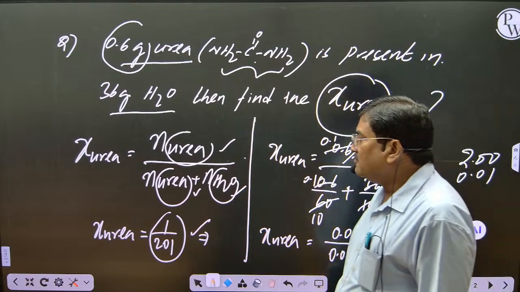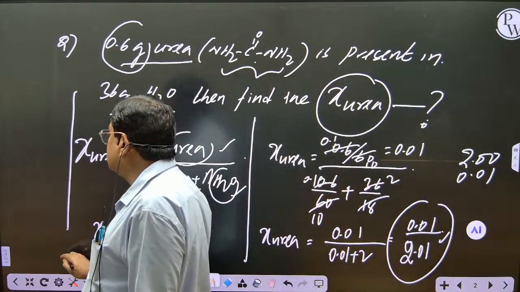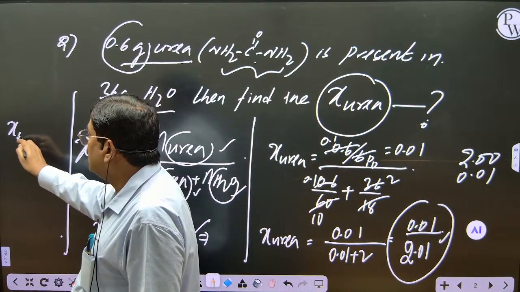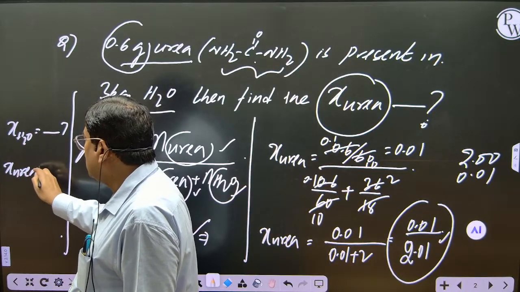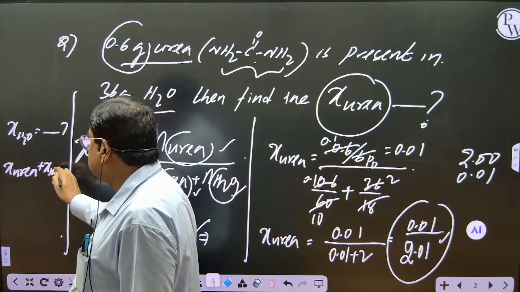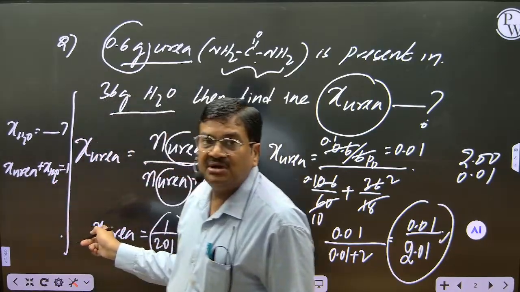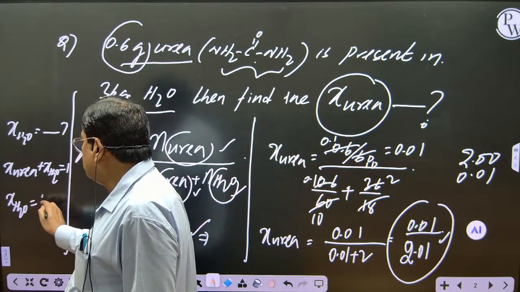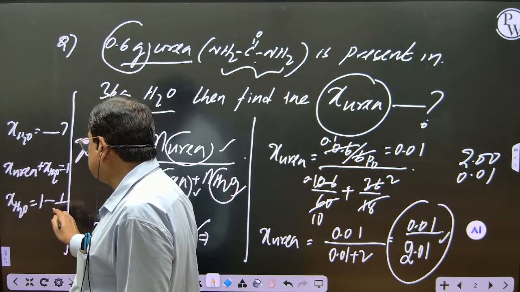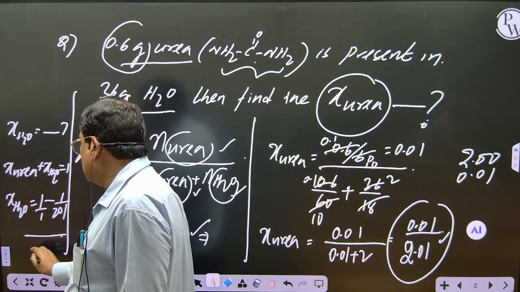Suppose the mole fraction of water would have been asked in the same question. What will you do to get the mole fraction of water? Since mole fraction of urea plus mole fraction of water will be 1, no? The sum of the fractions of two components should be equal to 1, no? Then to get the mole fraction of water, what do you do, student? From 1 minus 1 by 201, take LCM. 201.